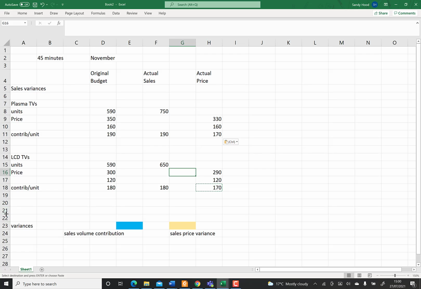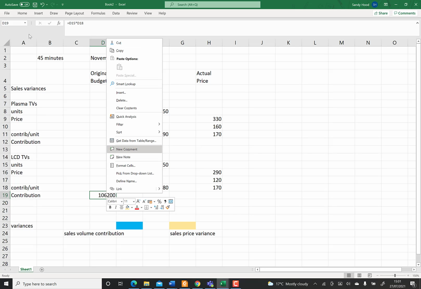Now we've got the beginnings. We haven't got everything yet, but we can certainly start to work out these two variances that they've asked for. So if I want to know my total contribution for the plasma TVs, and I can work out my total contribution for the LCD TVs, the total contribution is going to be the budgeted number of units times the contribution per unit.